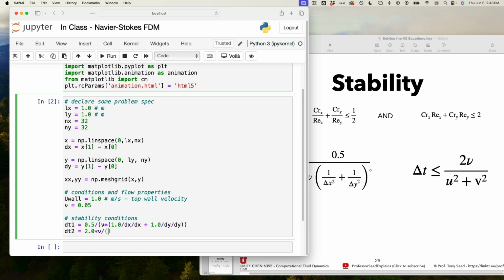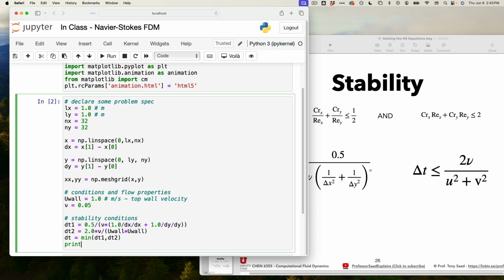And now what is your u squared? It's u wall. That's the maximum worst case scenario you're going to get, right? So u wall times u wall. And I don't have any y velocity component, so I'm not going to set that. If you want to be more conservative, you put another u wall times u wall, you make v equal u wall, but you don't need that. It will still be stable. And then dt is the minimum of dt1 and dt2.